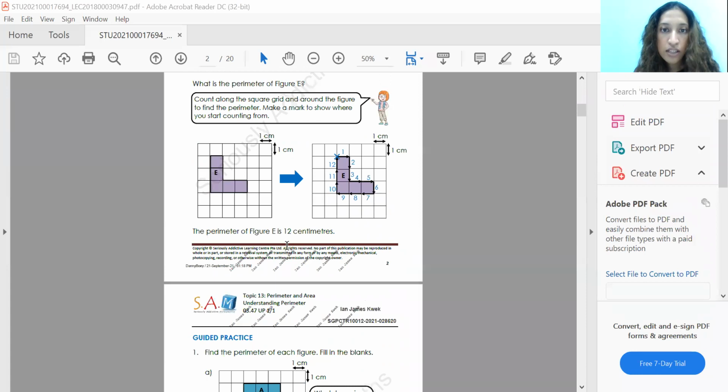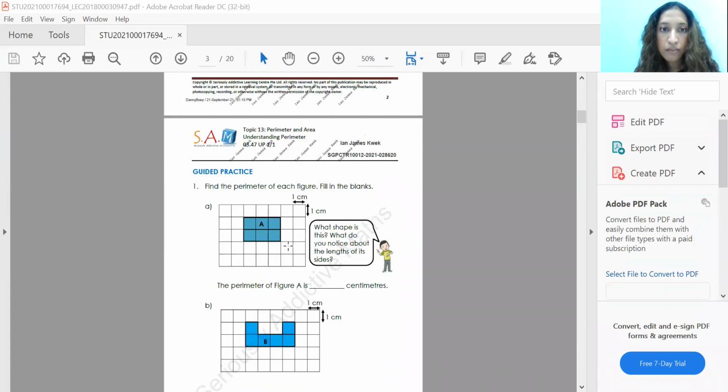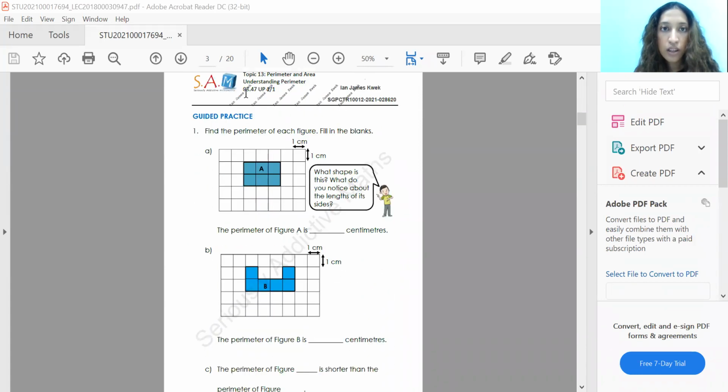So for example, let's look at this. Find the perimeter of each figure. You can see that one line here is 1 cm. So 1, 2, 3, 4, 5, 6, 7, 8, 9, 10. The perimeter of figure A is 10 cm.